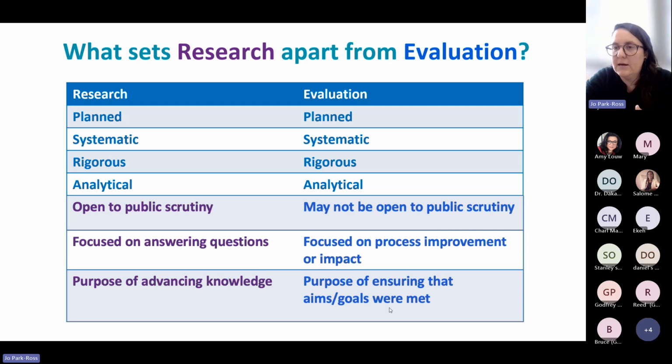We may be making sure that we meet our goals, but if we were doing research, it would be to disseminate our findings and make sure that we are able to help other people copy our program. So I totally agree with you that there should be strong work done before we embark on a program as to who our audience is.